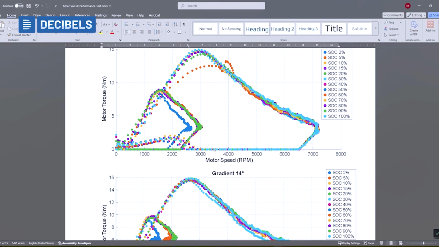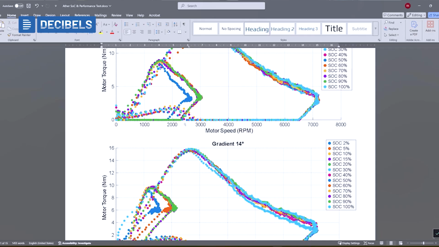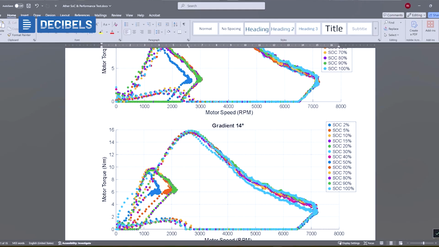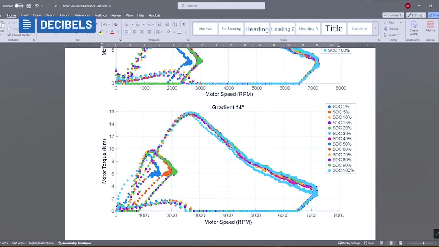We can see with the 7 and the 14 grade, the speed is very limited. It is pushing as hard as possible. With the consumption of torque, there is a slight reduction in the speed, because the power is limited in that region. During the lower SOC specifically, we can see it is reaching a maximum of 2000 motor speed.